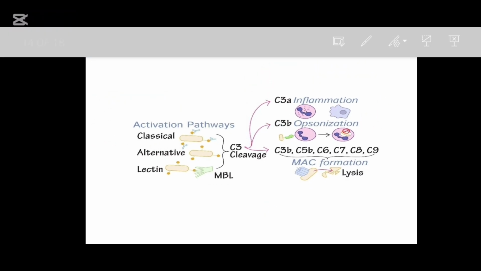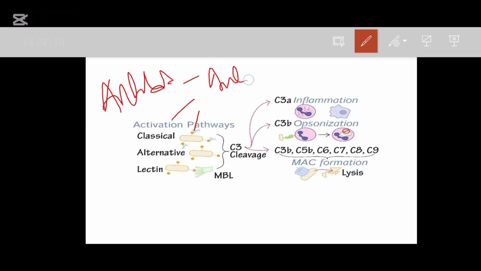Let's try to write something here. So this is the classical pathway. What has happened with the classical pathway? An antibody and an antigen have made a complex. So this is going to lead to the activation of C1.